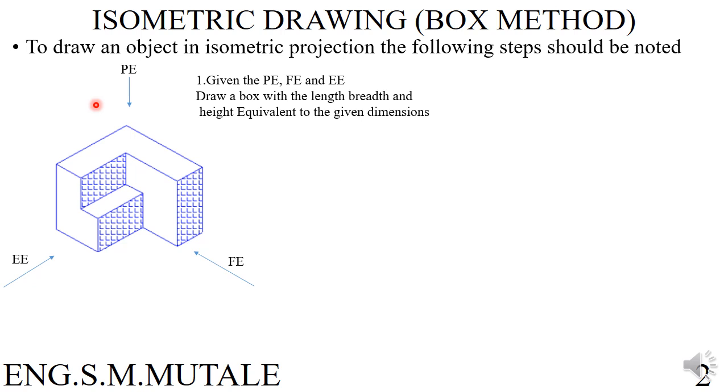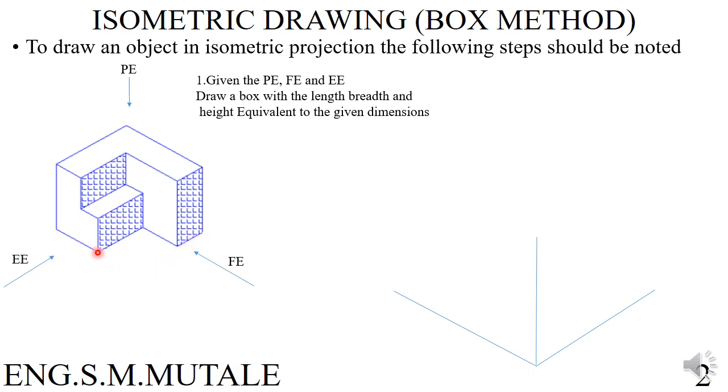Of course, the end elevation will have dimensions there. Even the plan will have its own dimensions, and when you view it from the front elevation, you see those dimensions. So you draw a box whose breadth, in this case, is the distance from there all the way up to there.